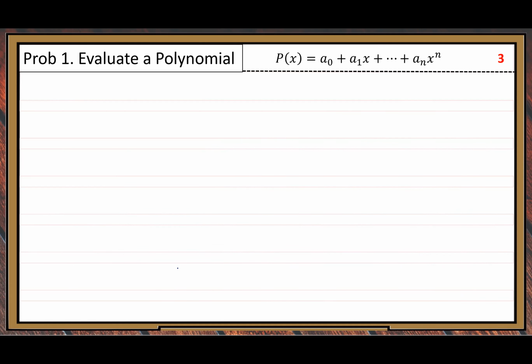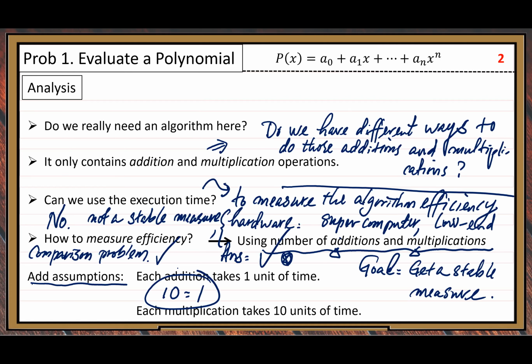All right, so let me go back a little bit. Regarding comparing apple with a pear, after our conversion, we convert our addition to 1 unit of time, and we convert 1 multiplication to 10 units of time.